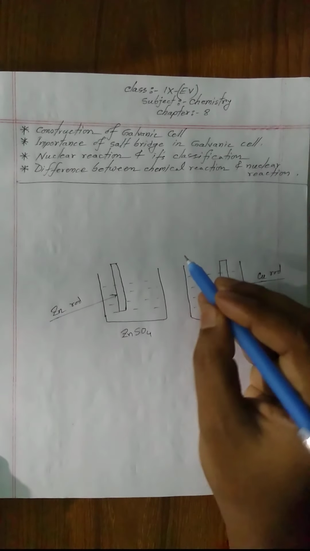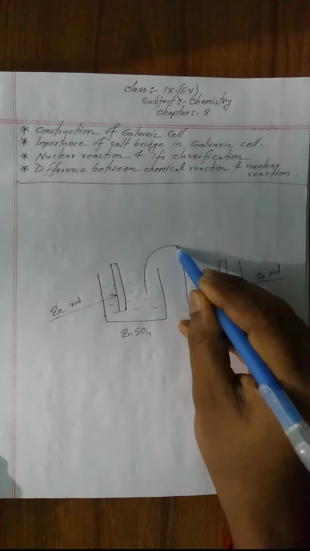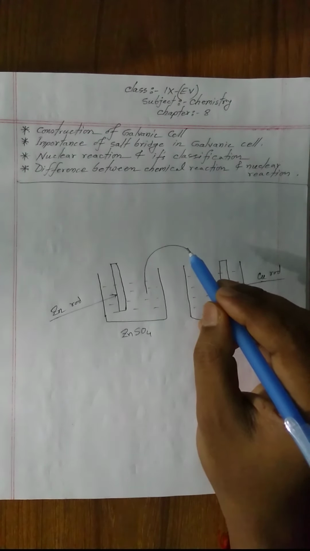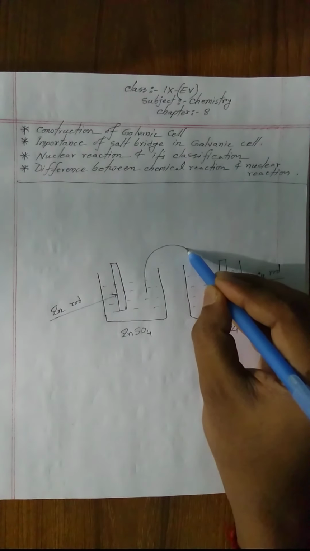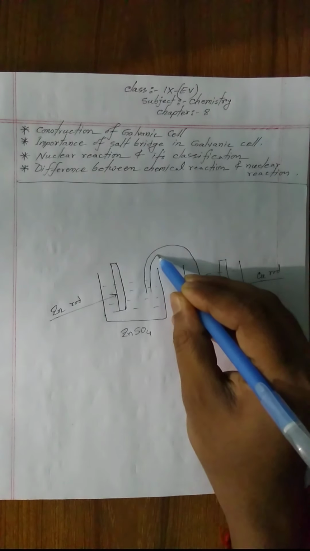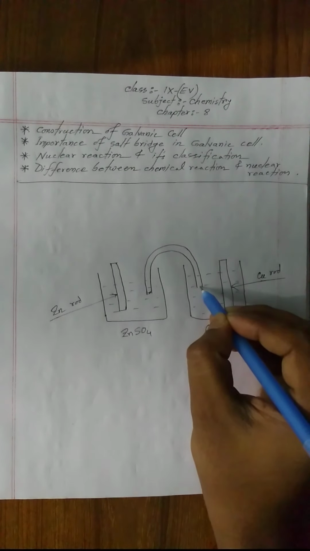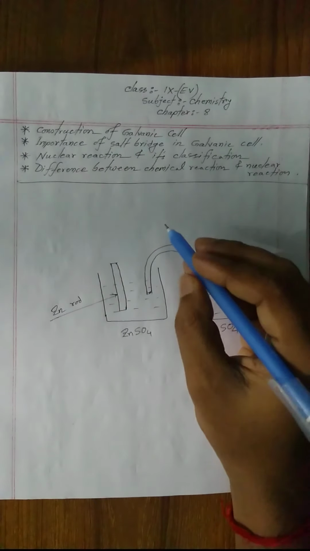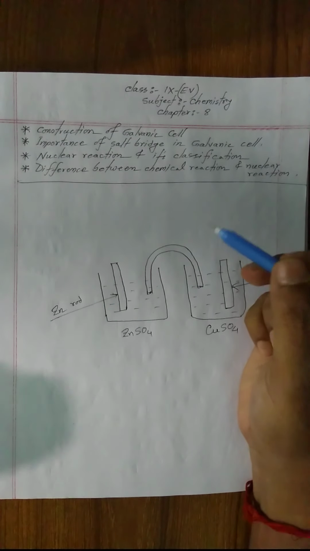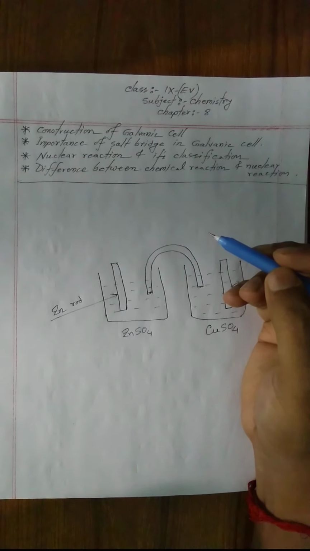And a U-shaped salt bridge is immersed in these pots, which is filled with a mixture of agar agar and potassium chloride or potassium nitrate.